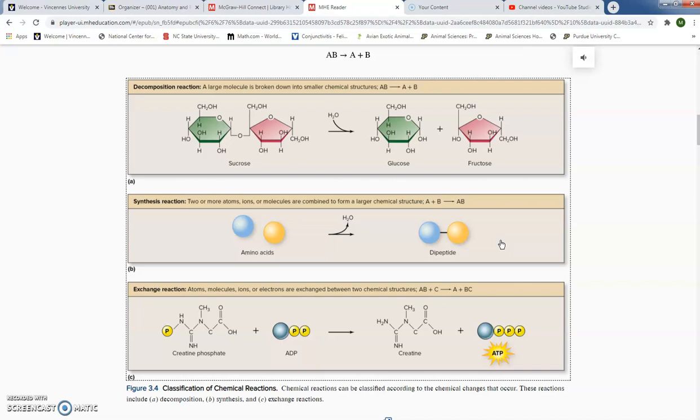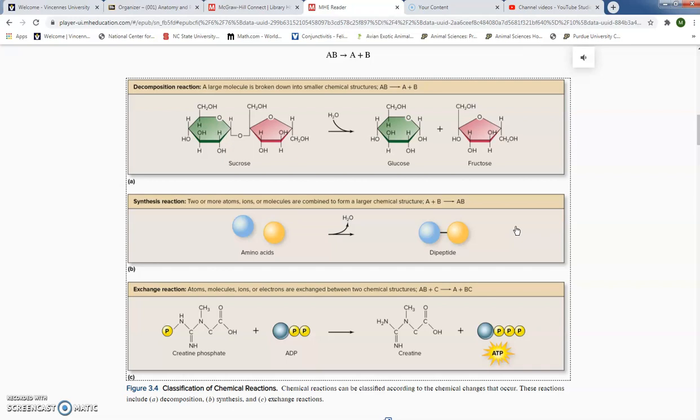So those cells would be bonding amino acids together to make those proteins as well. So any cells that are making, and I'm using proteins as an example, but it could be any molecule that needs to be made by it, whether it's a hormone or melanin, anything like that. It's going to go through a synthesis reaction.